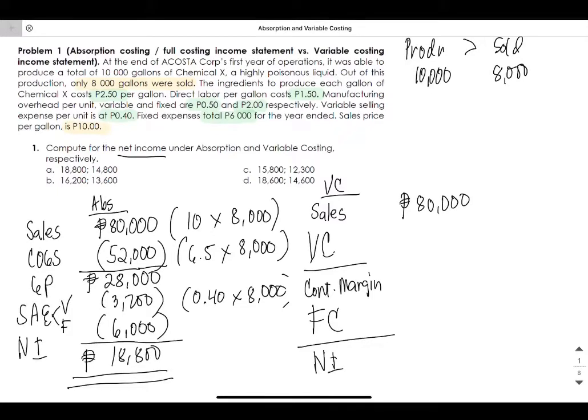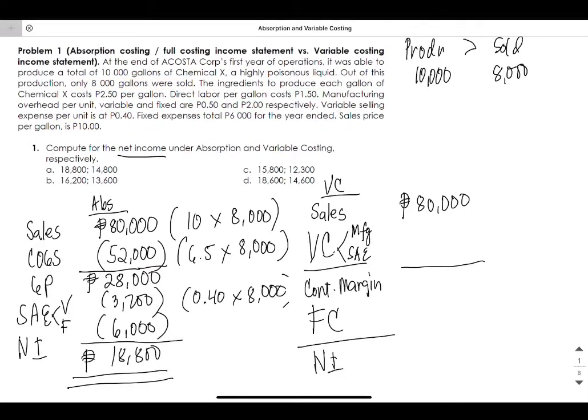And then the variable cost is composed of two again. So we have the variable manufacturing cost or the product cost, and variable selling administrative expense or variable period cost. So what are your variable manufacturing costs?